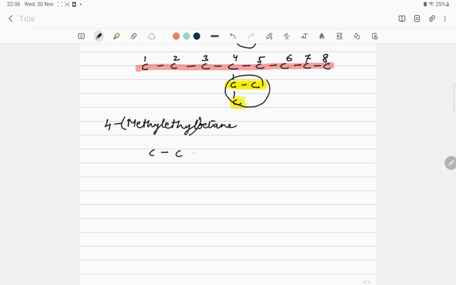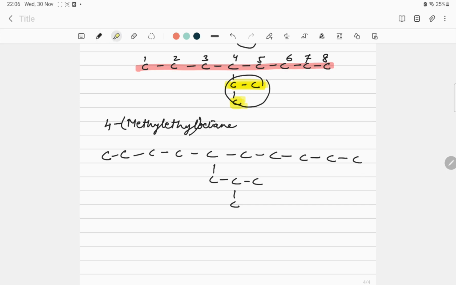Say for example, we have a compound like this, and we have 1 2 3 4. Here is another carbon.